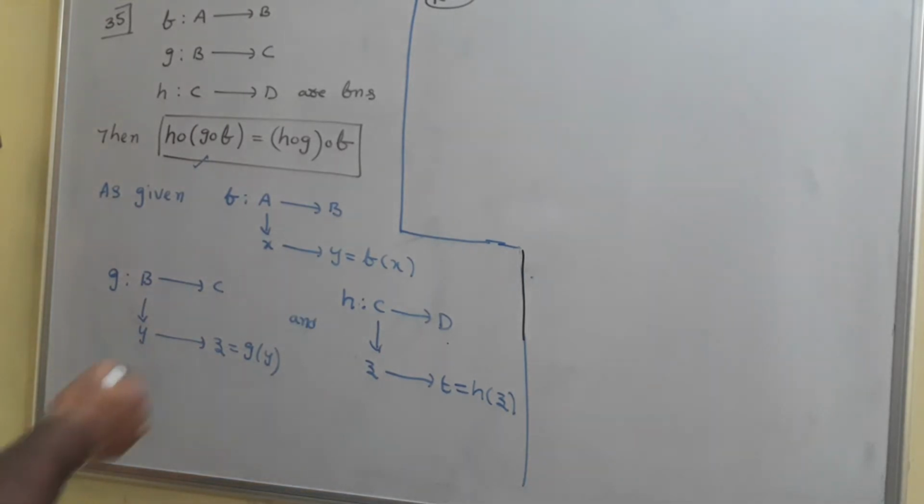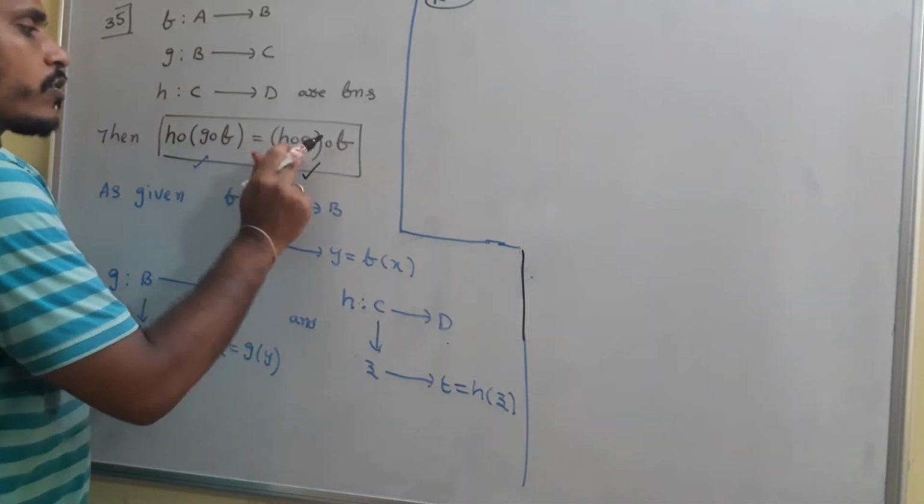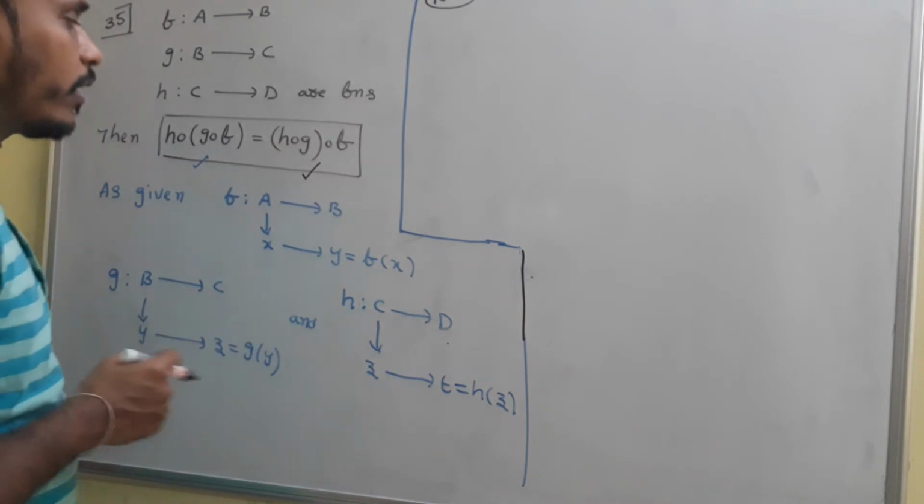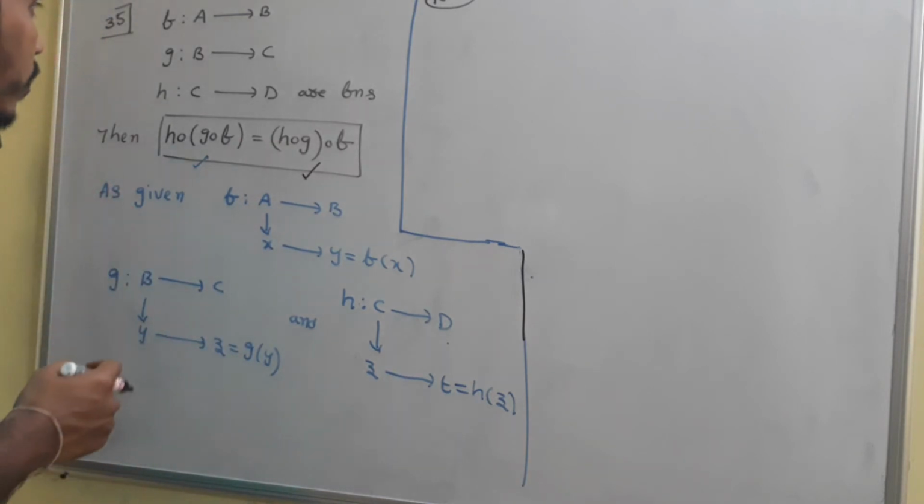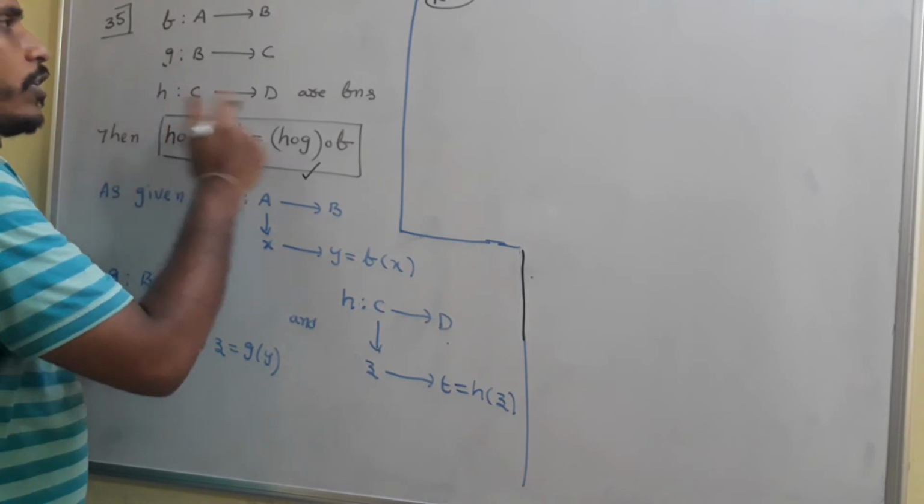Okay, pay attention on the right side. So first of all, construct h circle g, and then we need circle f. So h circle g means, first of all think about g and h.